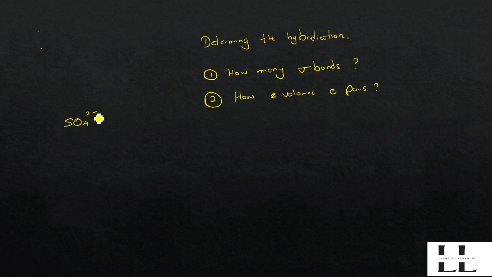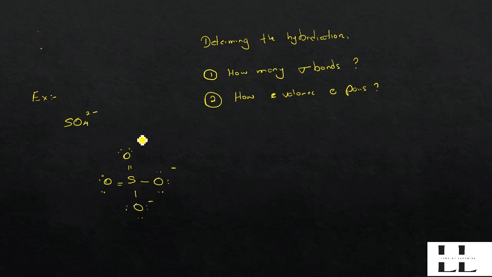Let's take sulfate. This is the sulfate Lewis structure. Here I have drawn the sulfate Lewis structure. Now we have been asked what's the hybridization over here. Let's call it A. What's the hybridization over here?